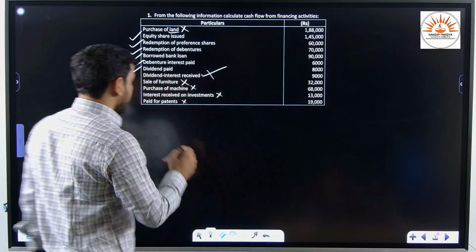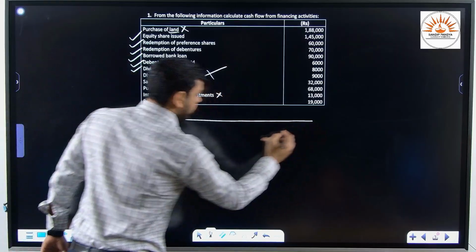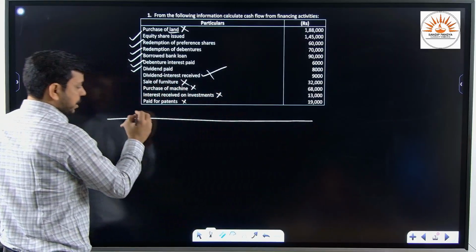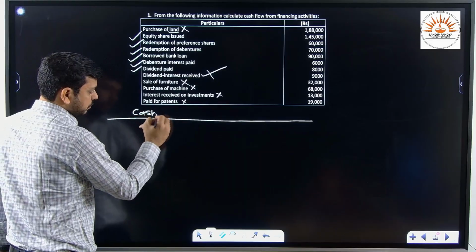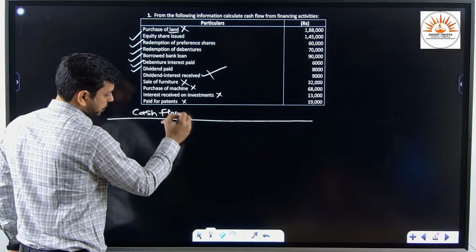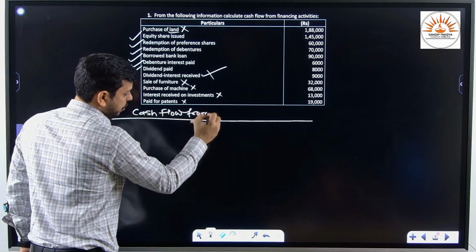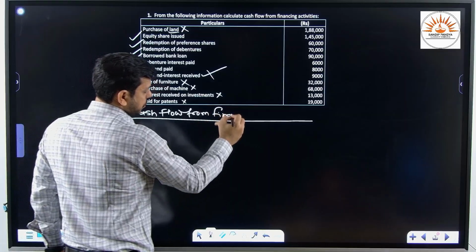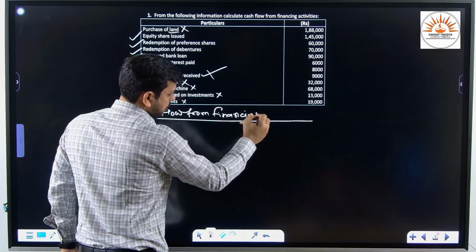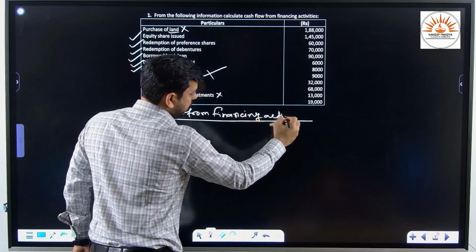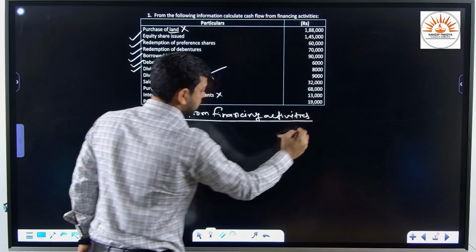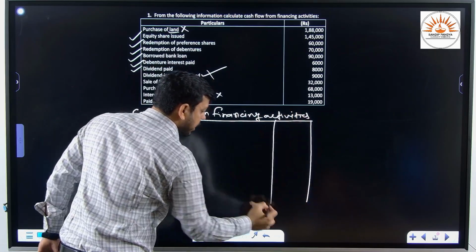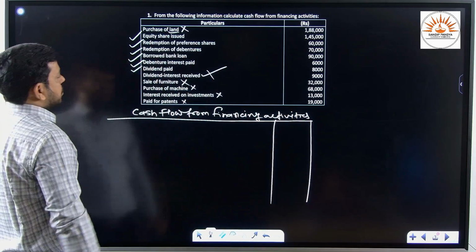Fine. Let me show you how we shall write the statement. First of all, we make the total cash flow from financing activities. One by one I will show you. First of all, equity share issued.